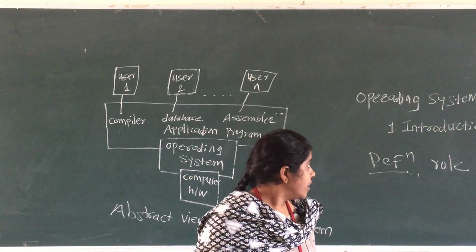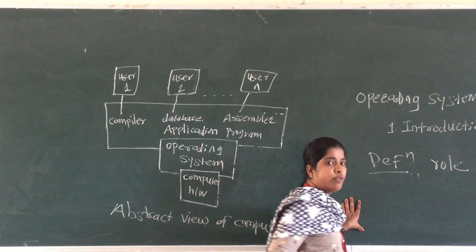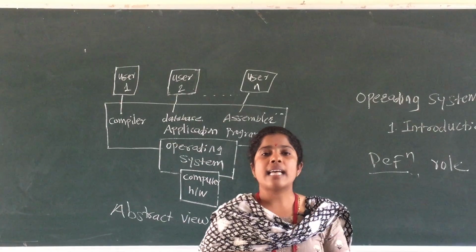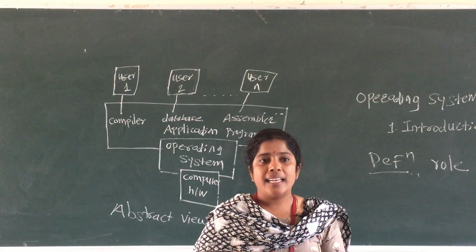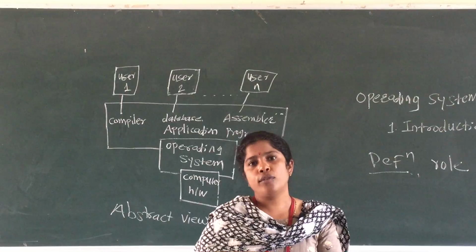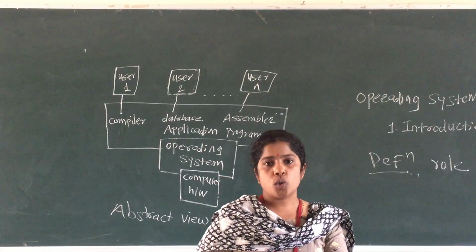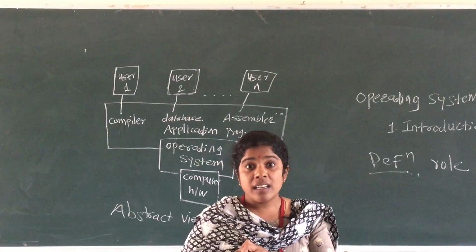Next, the role from the system's point of view. From the system's point of view, the operating system works as the manager to manage the resources. A very important thing in your operating system or computer science branch is to manage the resources, to manage the CPU.